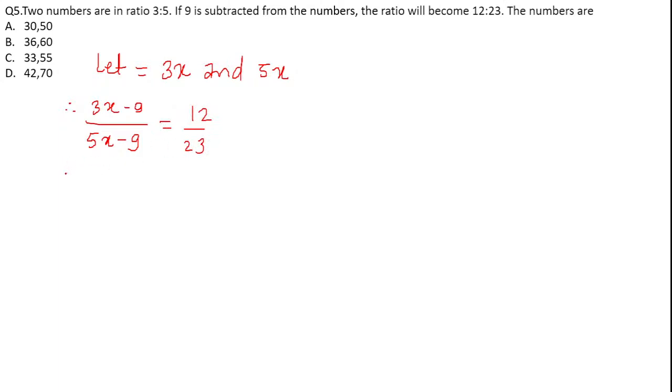We do cross multiplication: we transfer 23 to the left-hand side and 5x minus 9 to the right-hand side.